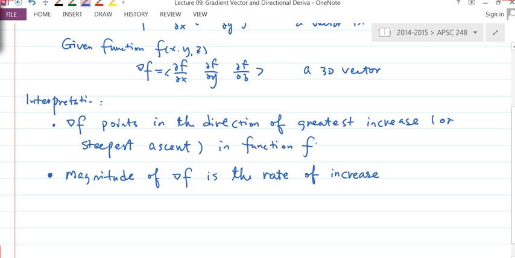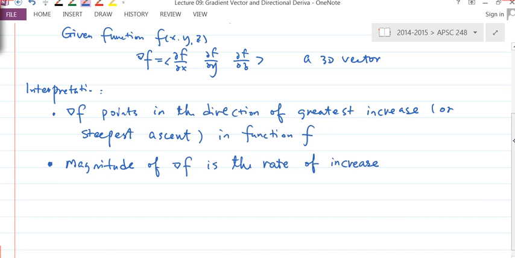So basically, if you go along the direction pointed by this vector, that direction is the one causing the greatest increase of this function f. You've got to remember this physical meaning.